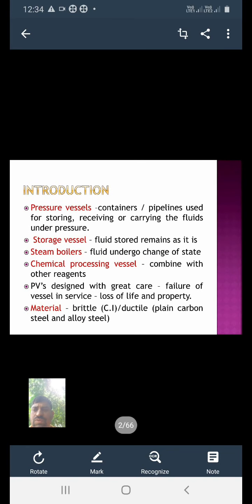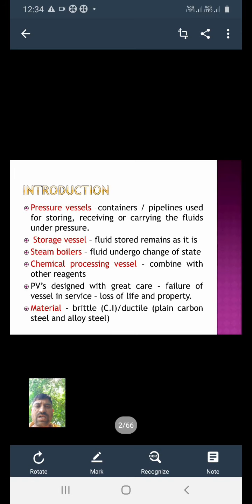First we'll see the introduction of the pressure vessel. Students, do you know what is meant by pressure vessel? Pressure vessels are the containers or pipelines used for storing, receiving or carrying fluids under pressure. Very simple definition.